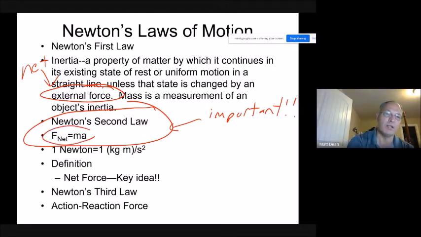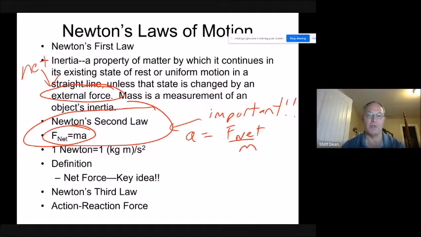Let's focus on Newton's second law for a minute. Net force equals mass times acceleration. We might rewrite it as acceleration equals net force divided by mass. So net forces cause acceleration. More net force means a bigger acceleration.